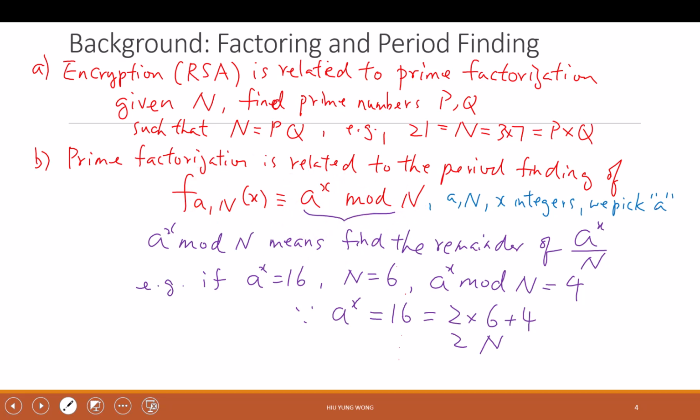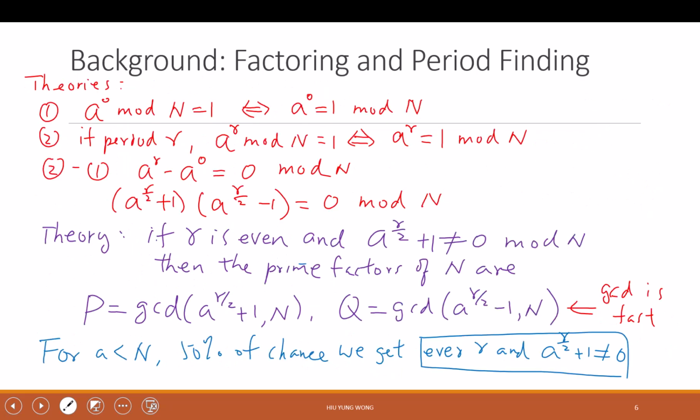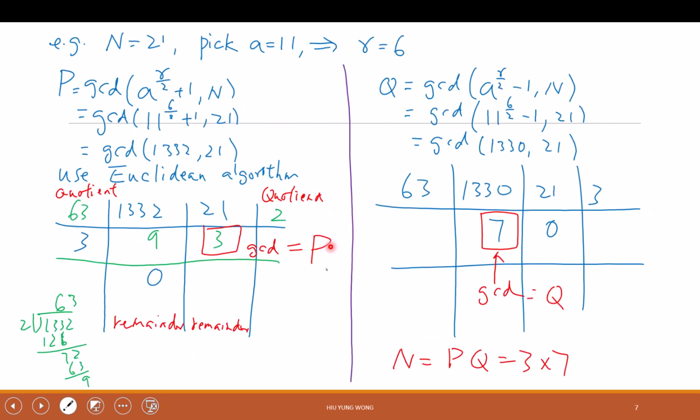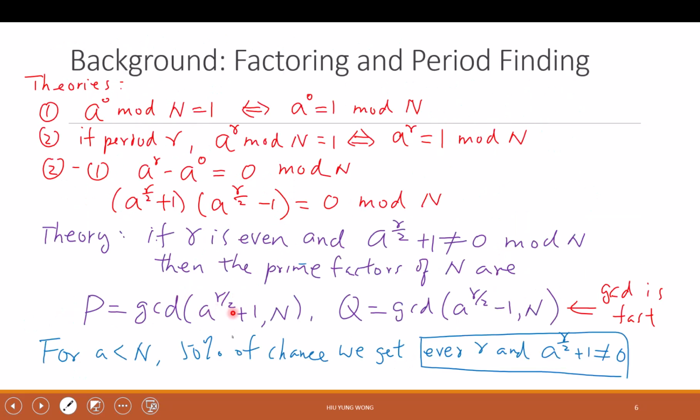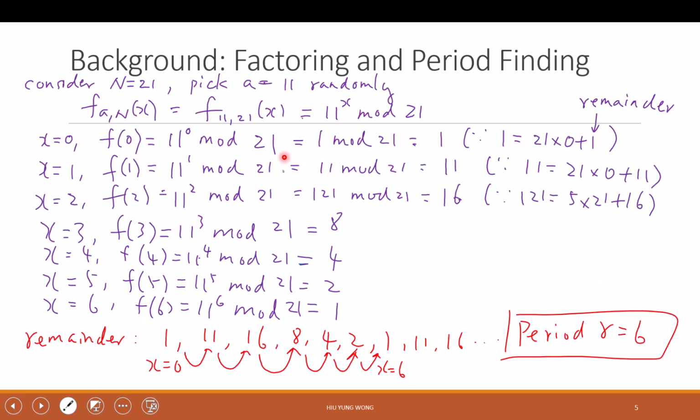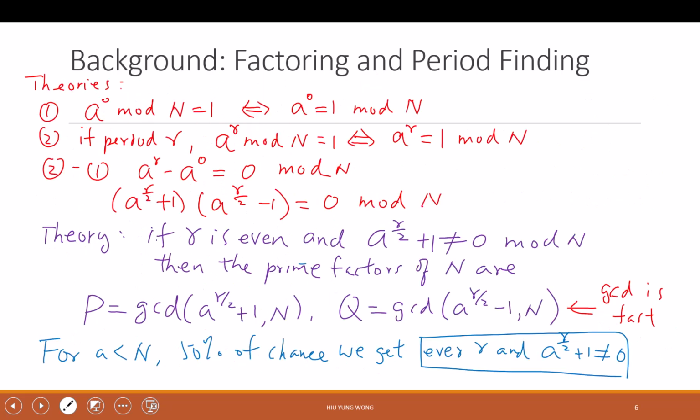If you can find the period of this function, as I showed you, then I can find the prime factor easily by finding the greatest common divisor of these two pairs of numbers, right? So now we don't need to worry about the greatest common divisor. What we worry about is how to find the period of this function. Because if I can find it, then I can factorize the number. Then I can hack any password easily.